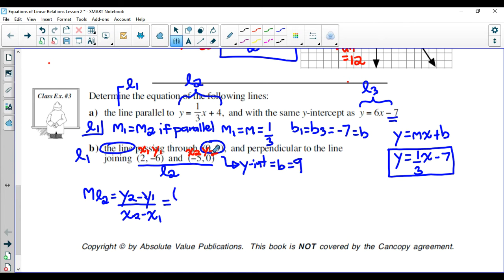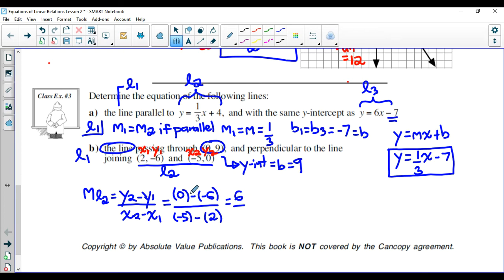Let's plug these numbers in. Okay, so y2, the y coordinate of point 2, is 0. Subtract the y coordinate of point 1, which is -6. Divide by x2, which has a coordinate of -5. And then subtract x1, which has a coordinate of +2.